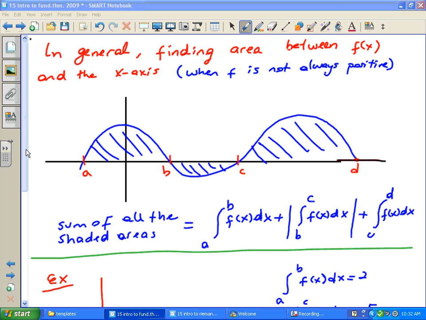Okay, if you guys copied it, then I'm going to go ahead and give you another example about finding area.